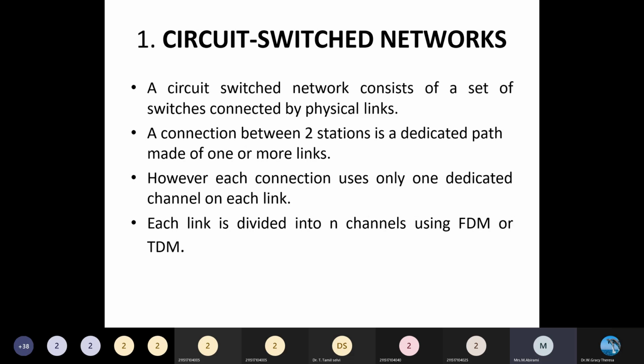Each link is divided into n channels using frequency division mode.